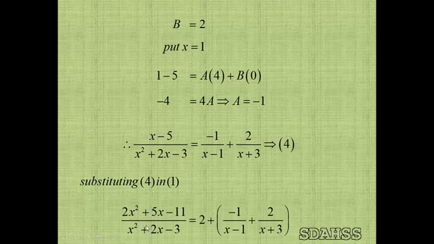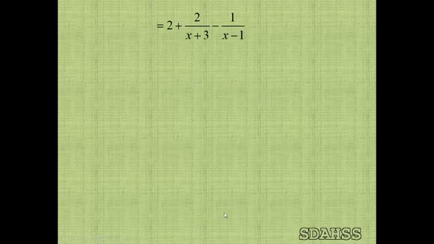So the first equation becomes 2x square plus 5x minus 11 divided by x square plus 2x minus 3 is equal to 2 plus minus 1 divided by x minus 1 plus 2 divided by x plus 3. Then this can be written as 2 plus 2 divided by x plus 3 minus 1 divided by x minus 1.